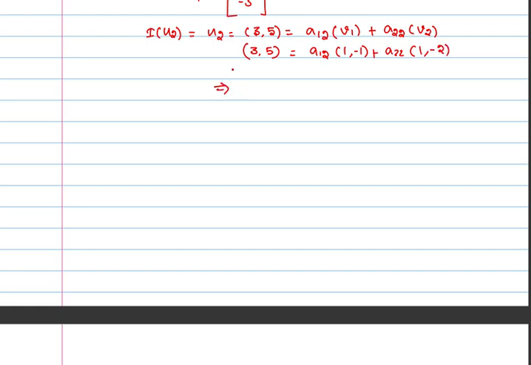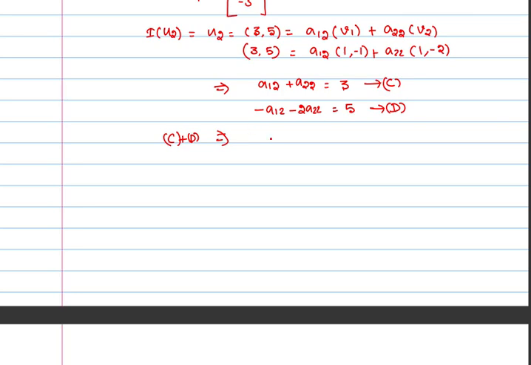So this implies I will get the system of equations: A12 plus A22 equal to 3, and minus A12 minus 2A22 equal to 5. Similarly, this I take as equation C, and this is equation D. So C plus D, because our coefficient matrix is always the same in both cases, I use similar arguments.